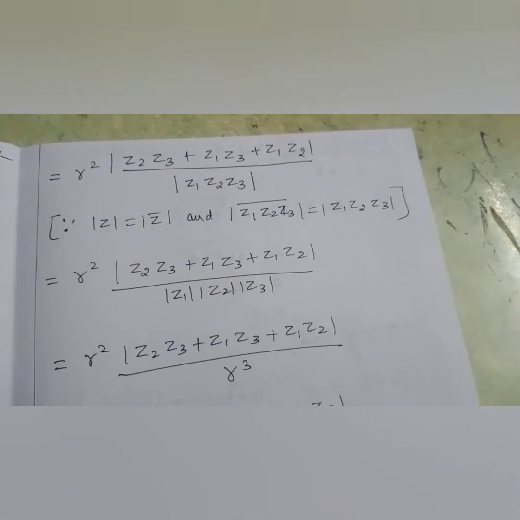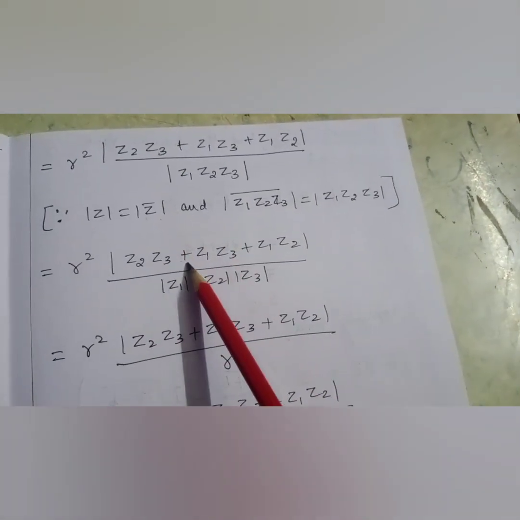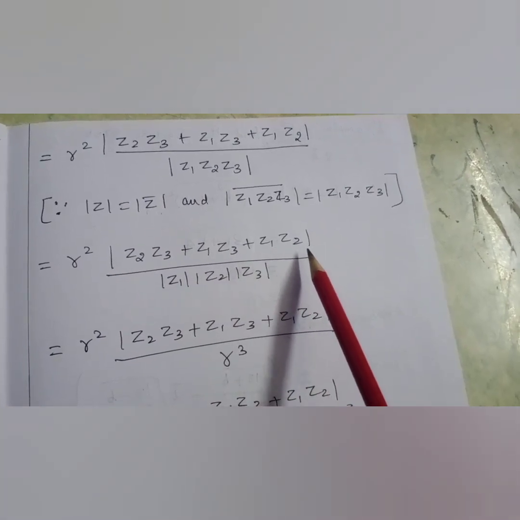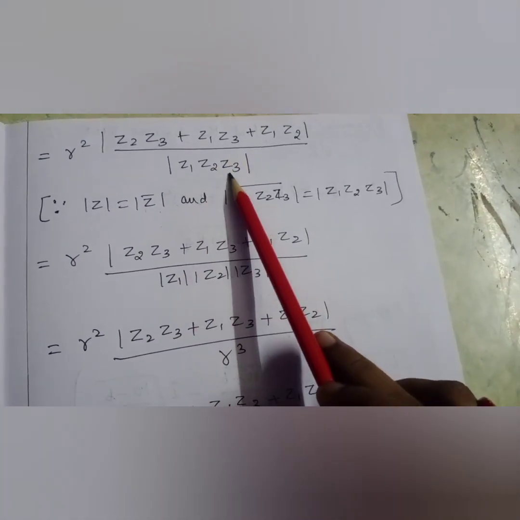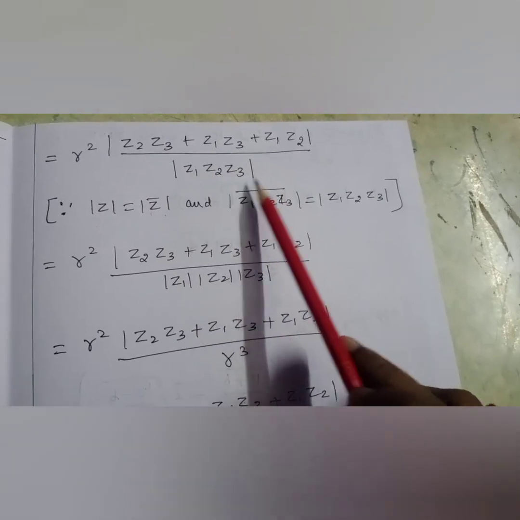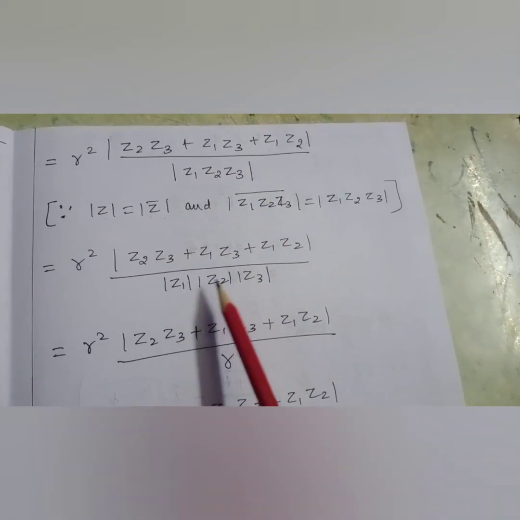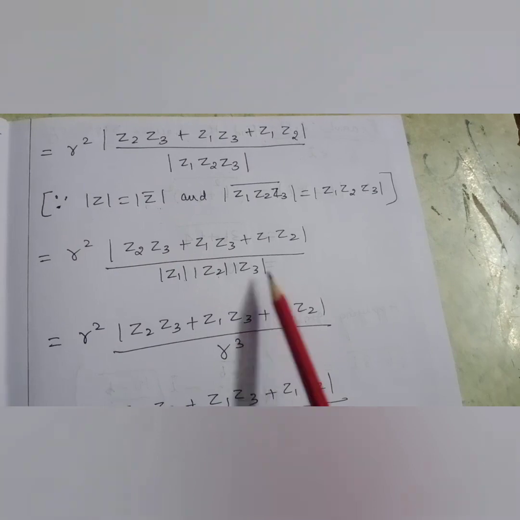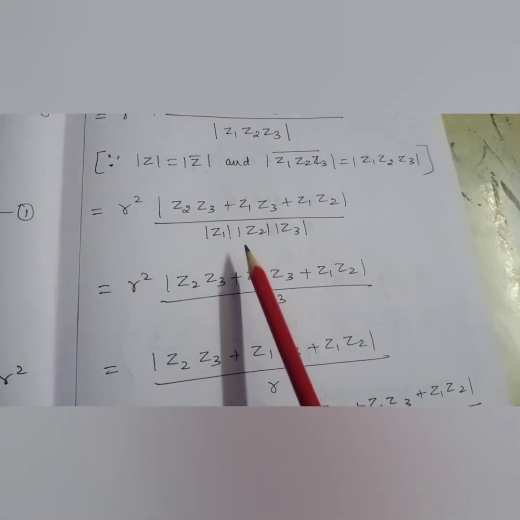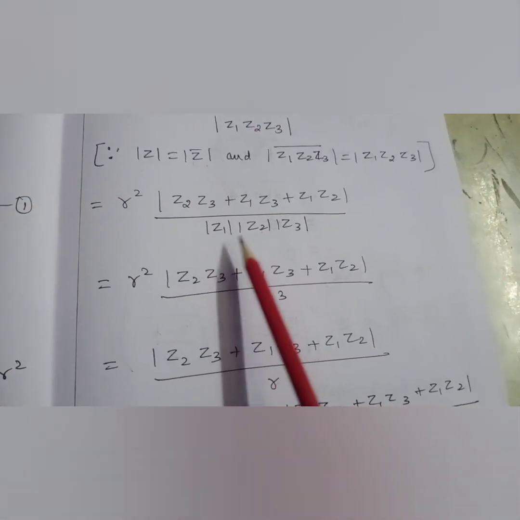So after that, r square into mod z2 z3 plus z1 z3 plus z1 z2 divided by, I am splitting this whole mod and writing mod z1, mod z2 and mod z3.